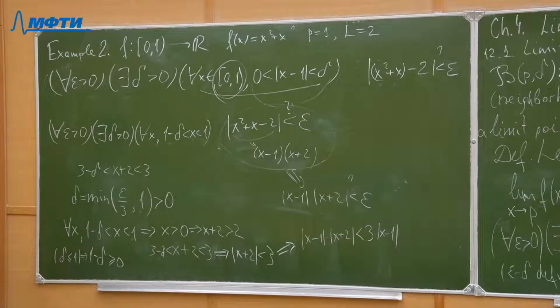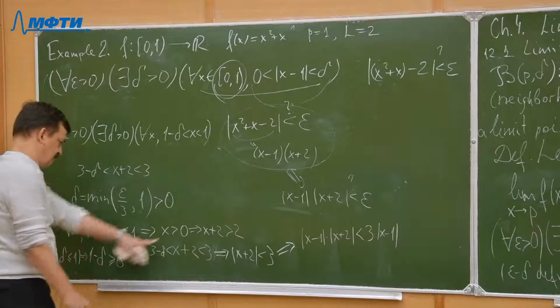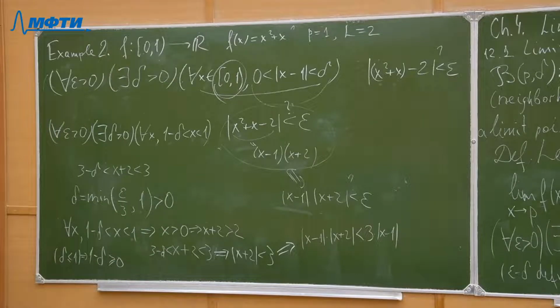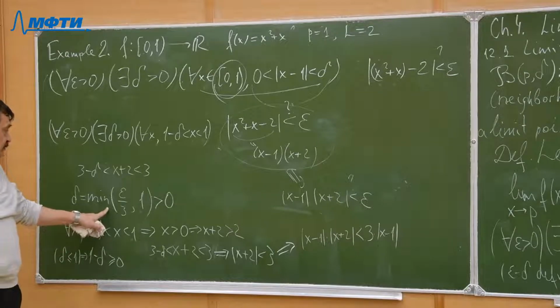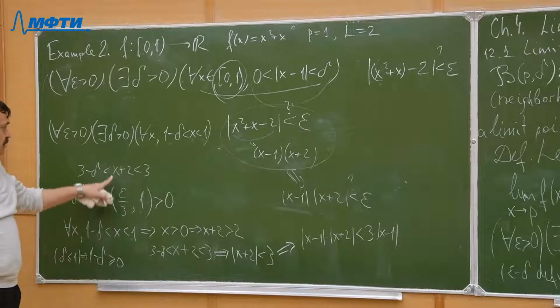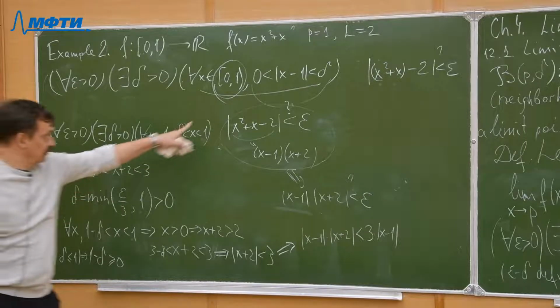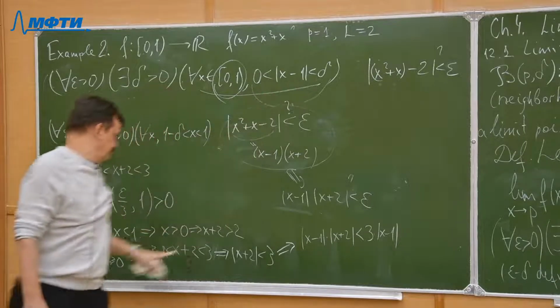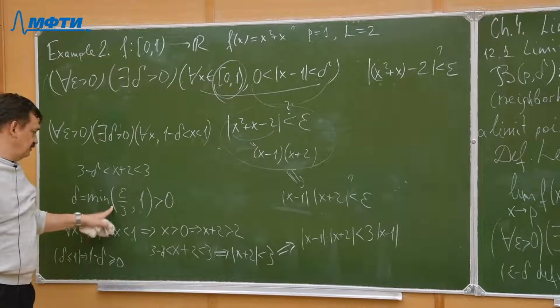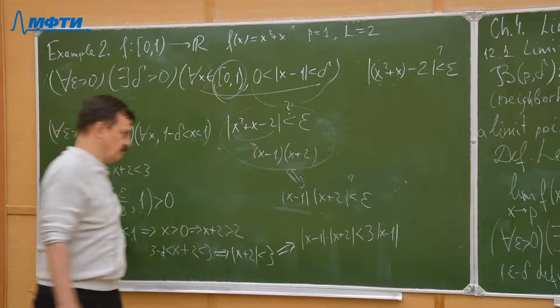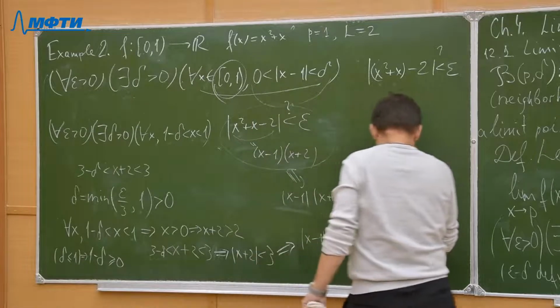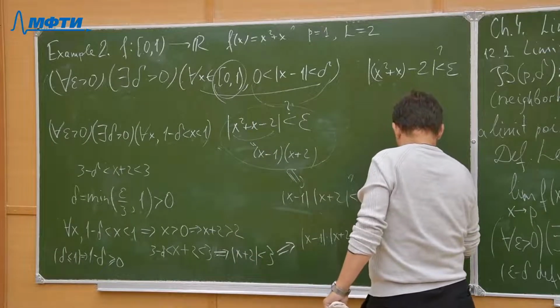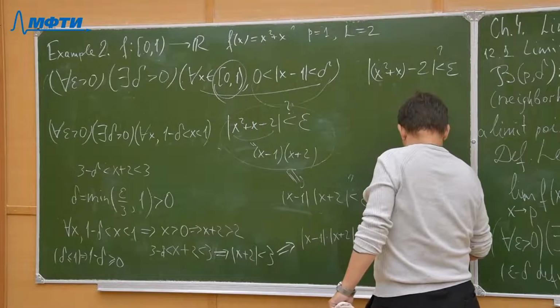X minus 1 is less than delta in modulus, and delta is less or equal than epsilon over 3. So less than 3 times epsilon over 3, and that is epsilon.